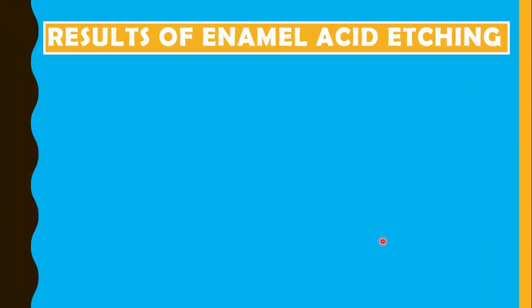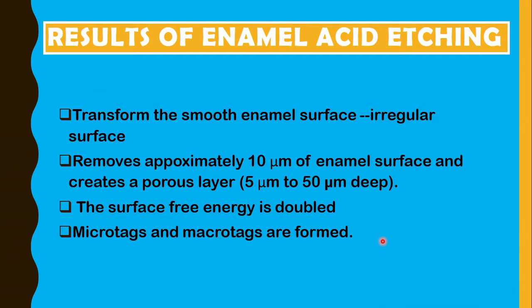So what are the results of the acid etching of the enamel? First of all, it transforms the smooth enamel surface into an irregular surface, and it removes approximately 10 micrometer of enamel surface and creates a porous layer of 5 micrometer to 50 micrometer deep, and the surface free energy is doubled, and the macro and micro tags are formed.